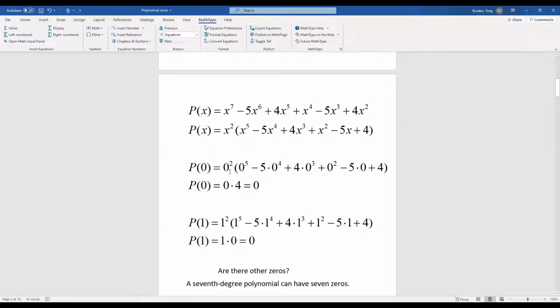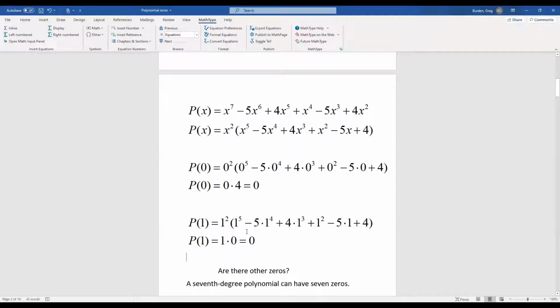If you plug in 0, we would have 0 squared times all this other stuff. All the other stuff works out to be 4 in the end, but 0 times 4 is 0. Of course, we knew that p of 0 was 0, so we didn't learn anything new here, but maybe we get a little bit of an idea as to how the factors relate to the zeros.